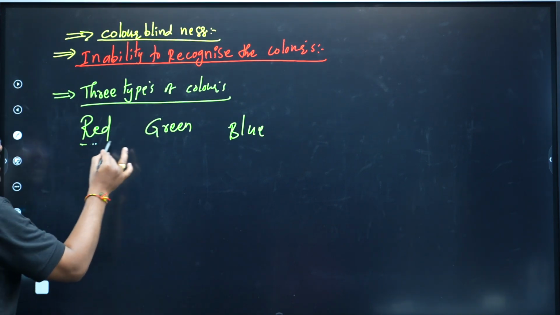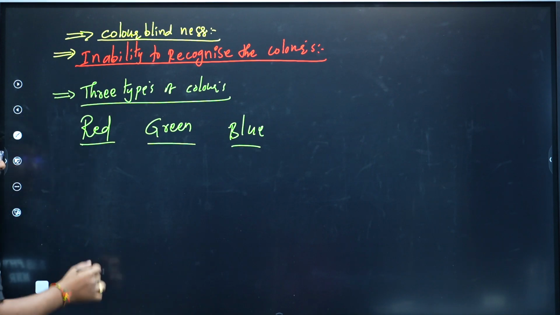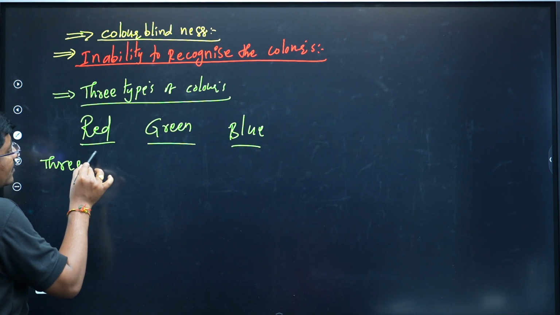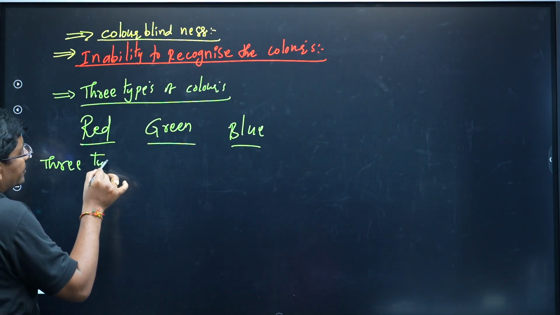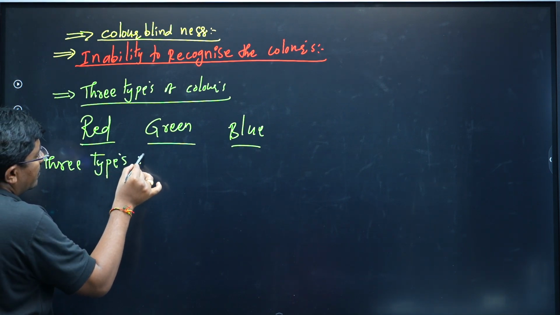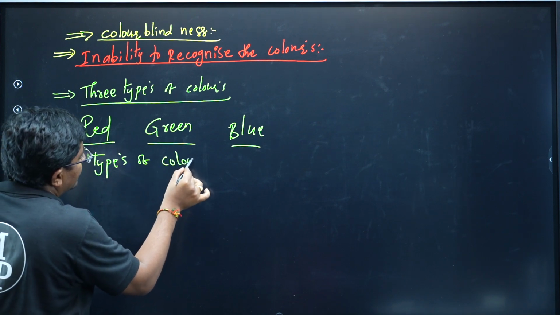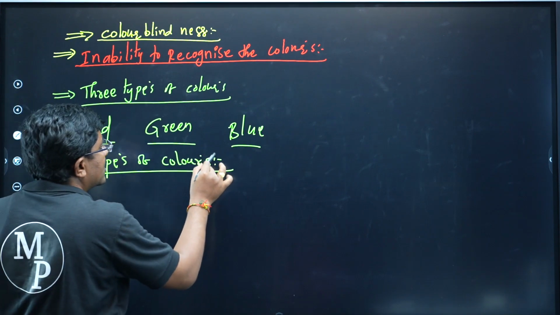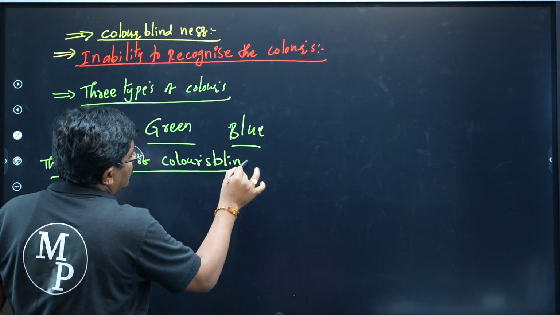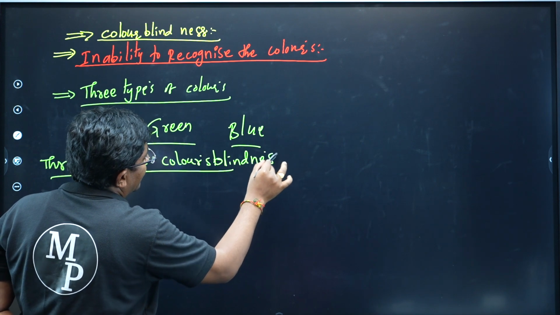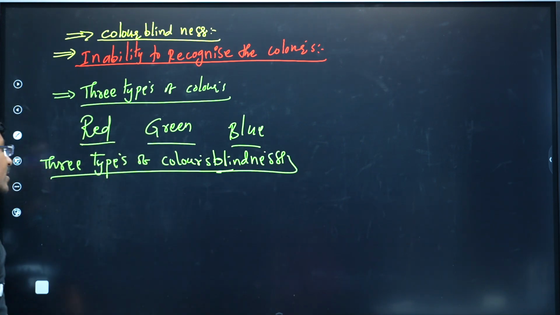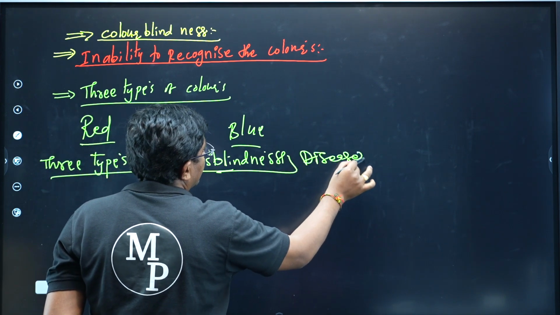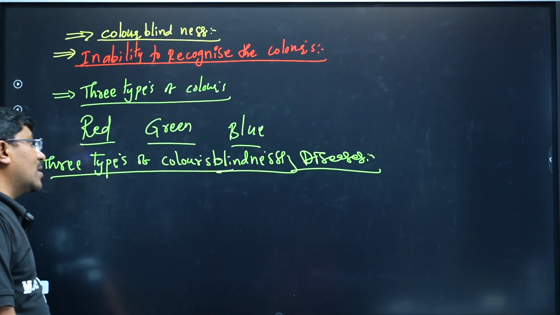And there are also three types of color blindness diseases.